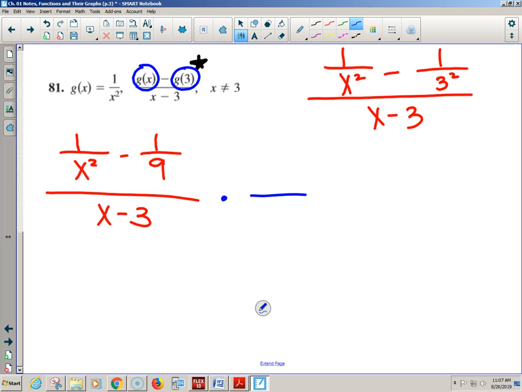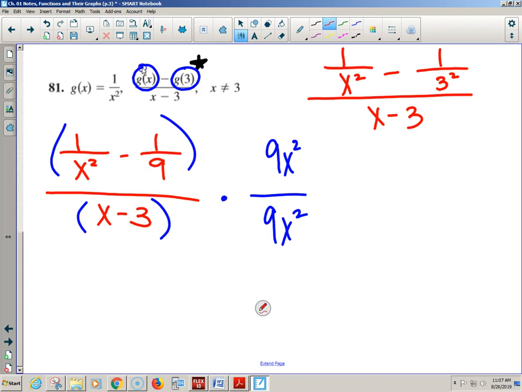Do you see how the 9 and the x squared are giving me problems? If I was to do a common denominator, wouldn't I try to get it to be 9x squared? So my trick is multiply top and bottom, multiplying by 1 creatively, by the common denominator of all my little baby fractions that I need to have simplified out. Now, parentheses are key. Parentheses are crucial.